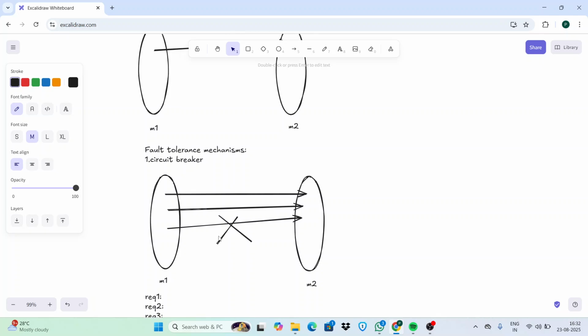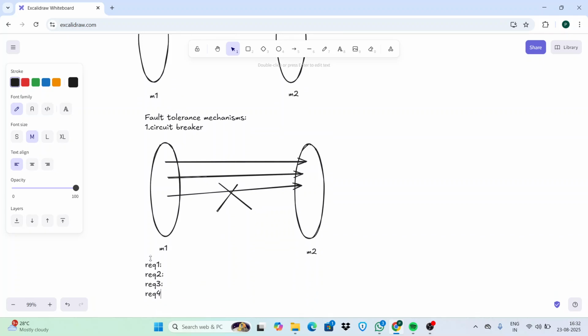So in circuit breaker, M1's circuit breaker sees request 1 is unfulfilled, request 2 is also unresponsive, request 3 is unresponsive. At the fourth request, it declares it as a failure and breaks the circuit. That means it stops calling M2 for some time.